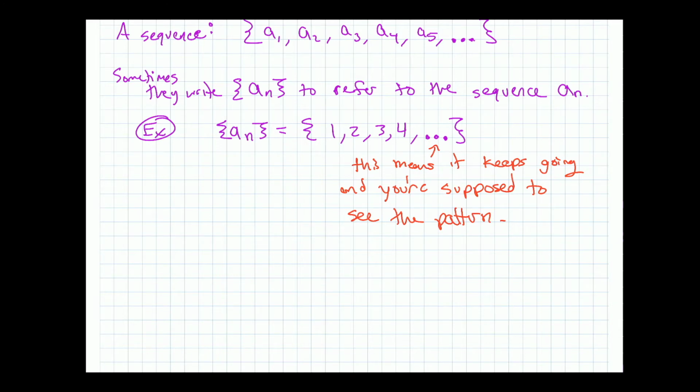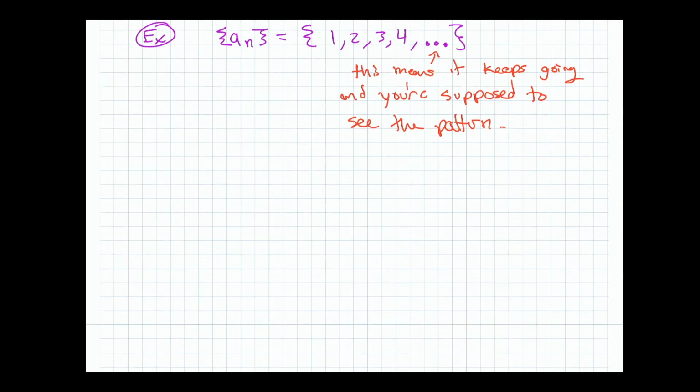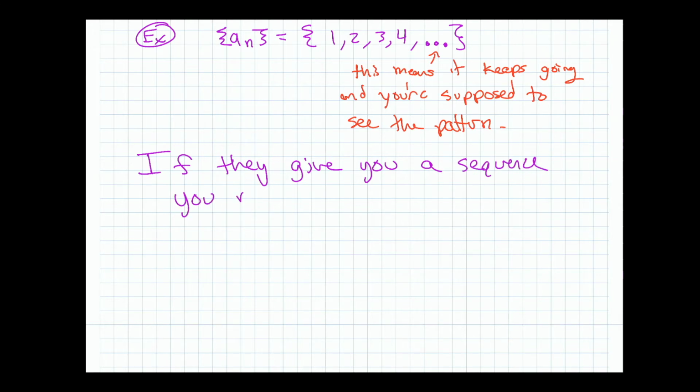Now, what you're going to have to do in this section is come up with the formulas of a sequence. So if they give you a sequence, you'll have to come up with the formula for the general term.